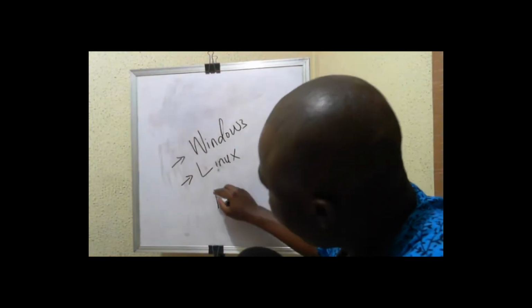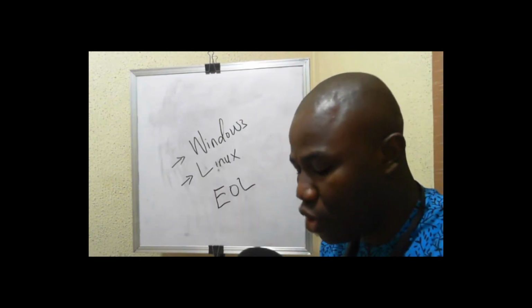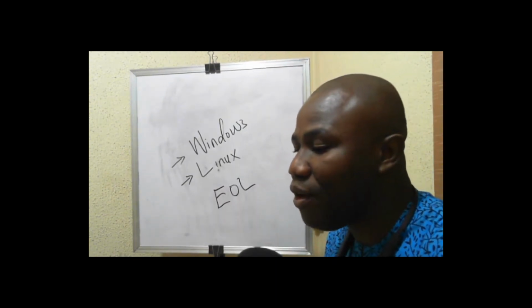So what does end of life mean? End of life simply means a provider has created a software and then they support that software. Supporting the software means that from time to time they make updates and changes to the software. When they notice that there is a security issue with the software, they fix those security issues.